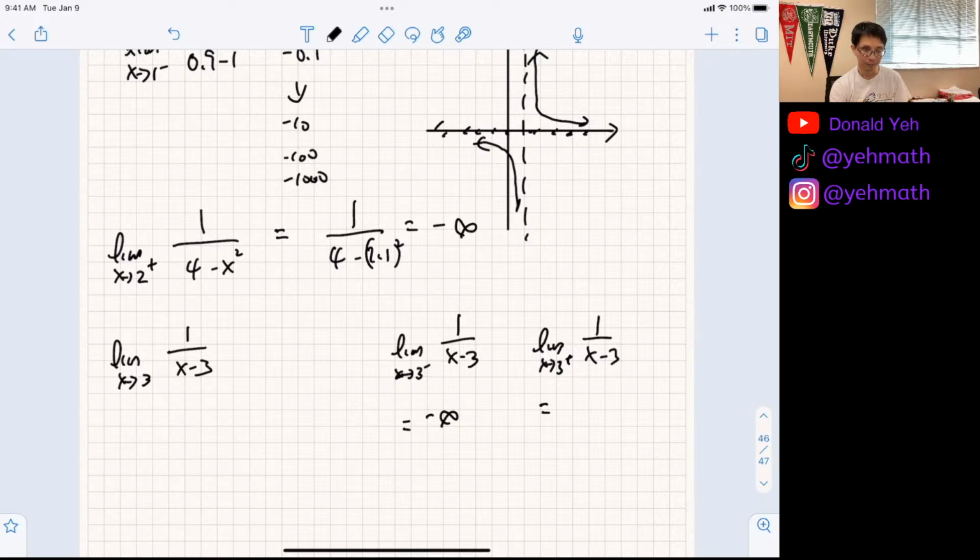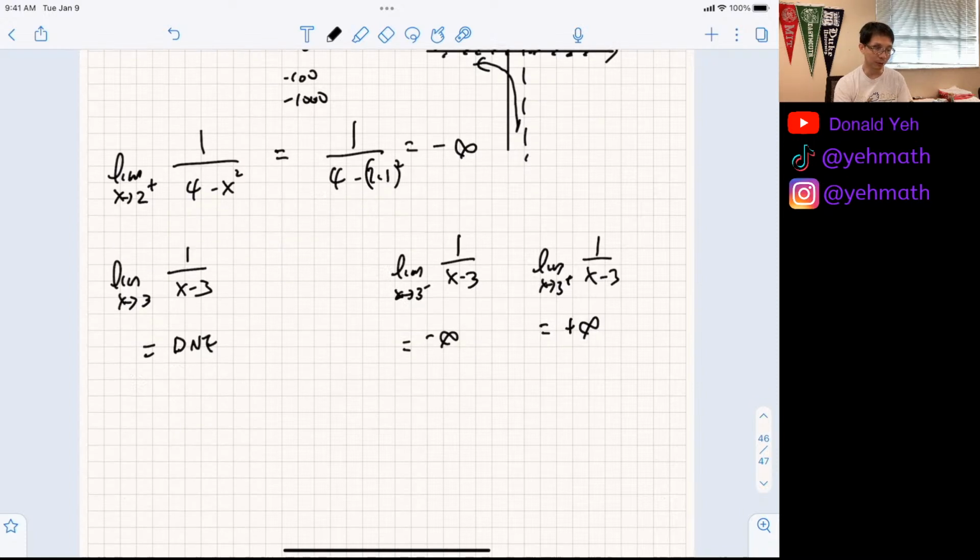It'll be positive infinity. So the result of this actually is going to be does not exist, because if you're looking from the left and from the right, they're not conclusive. They do not come out the same number.